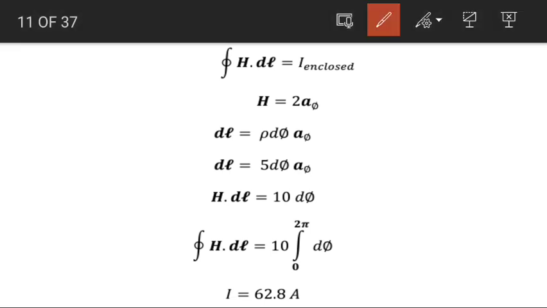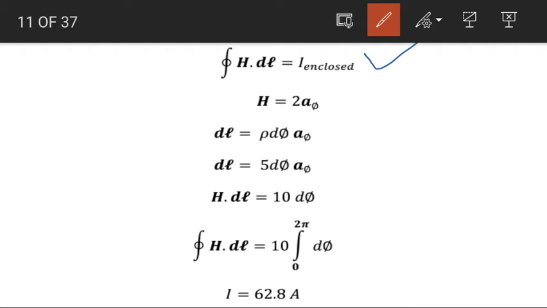So anyhow, we consider the Ampere circuital law. The Ampere circuital law says that the integral of the magnetic field intensity around a closed imaginary path will be equal to the current enclosed by the closed path.